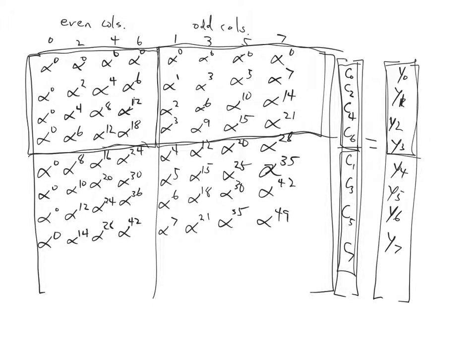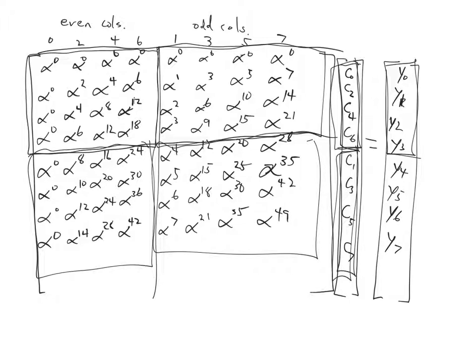And similarly, we're going to take this matrix times this vector plus this matrix times this vector to get this vector. So that's the point of doing divide and conquer: it turns out we really only have to multiply this special matrix by each of these two to get all the answers we need.